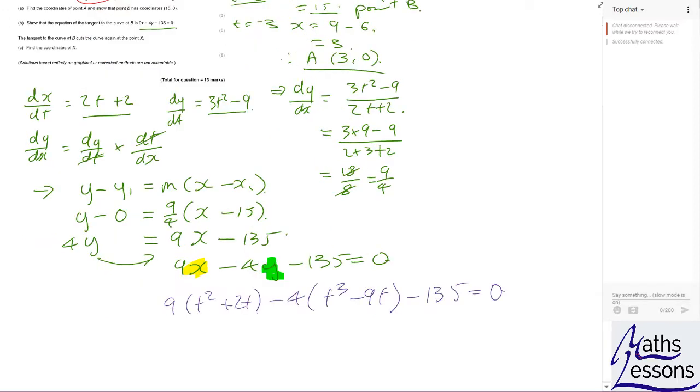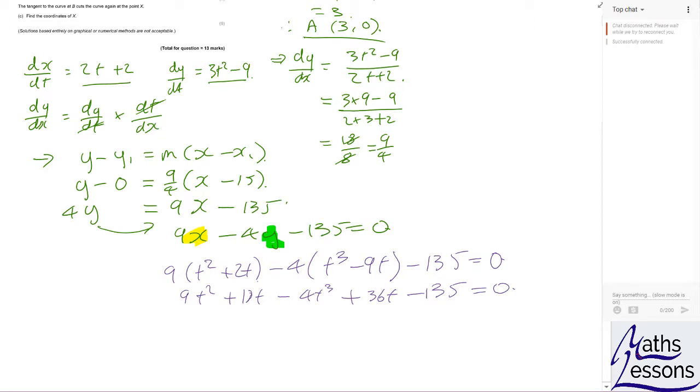So let's multiply that out. We're going to get 9t squared plus 18t minus 4t cubed plus another, what's that, 4 times 9 is going to be 36t. No, I don't need 4 times 135, being stupid there, because it's not in the brackets. Minus 135 equals 0.